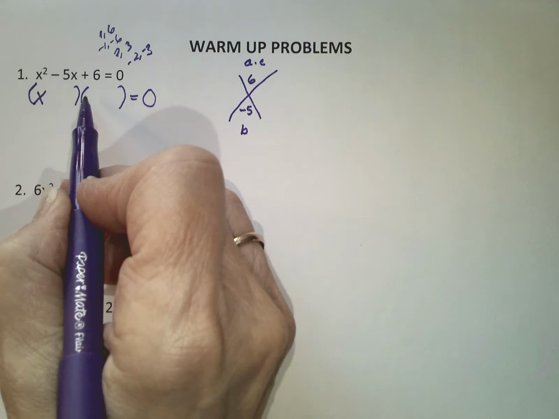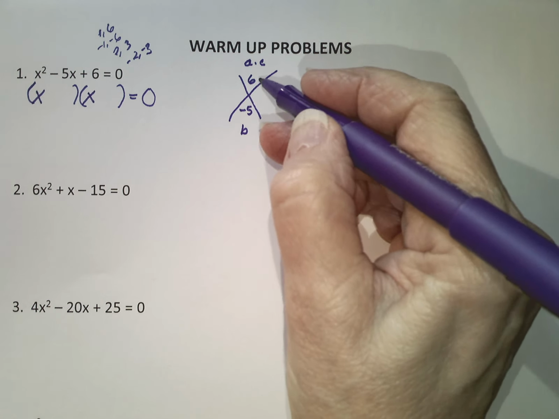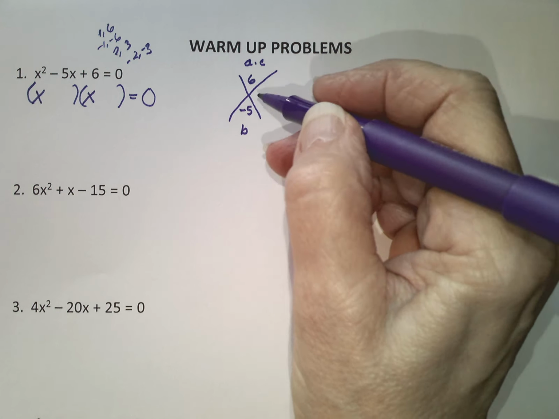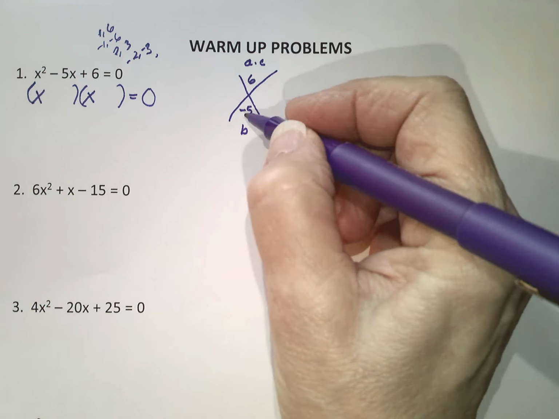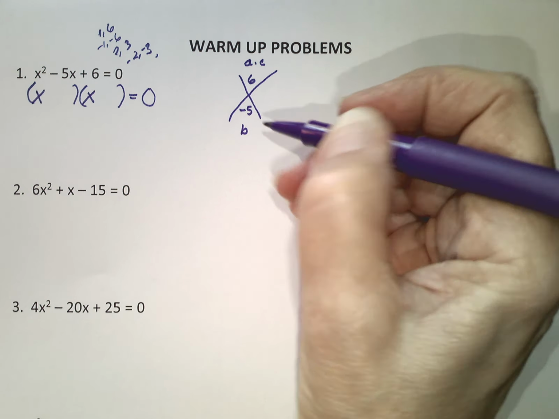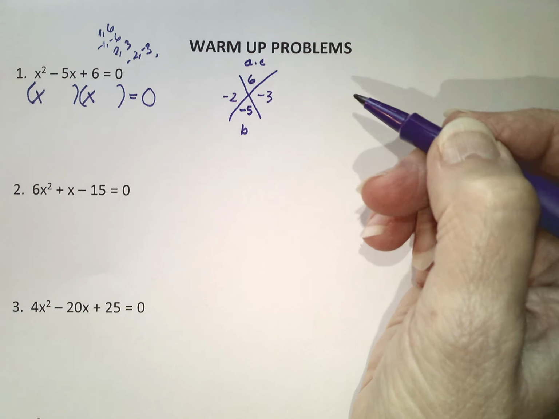This is going to be x times x. So what are two numbers that will multiply out to positive 6, we've got all the possibilities here, and add up to -5? Well, looks like only the -2 and -3 will work.